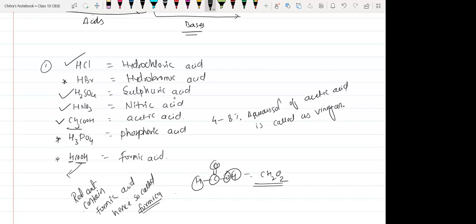Suppose you take about 10 to 15 ants and crush them, and if you smell that, you will lose your sense for some time, because it is a kind of anesthetic drug also. You know anesthetic drugs may cause loss of sense.